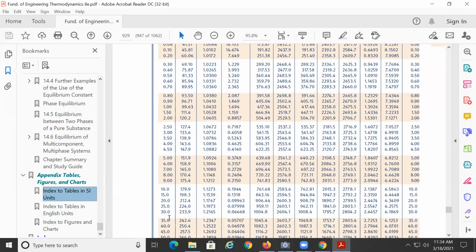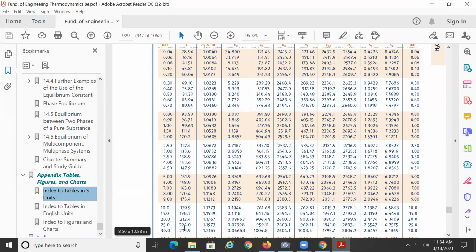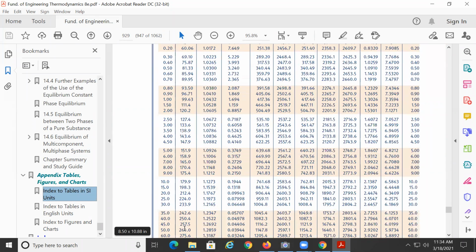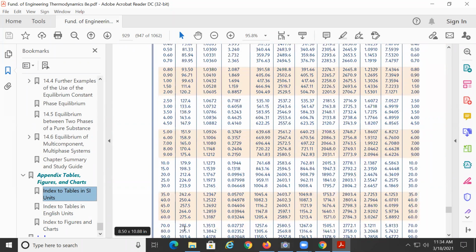Let's see, we get 40 bars. What is the temperature? The saturation temperature will be 250.4, no? What is the temperature we have? It's 400. So as they tell us in the problem, what is the state? It should be vapor, I mean, it should be vapor or gas.